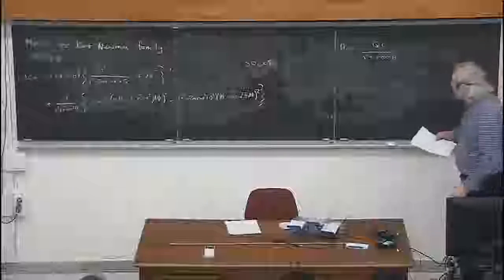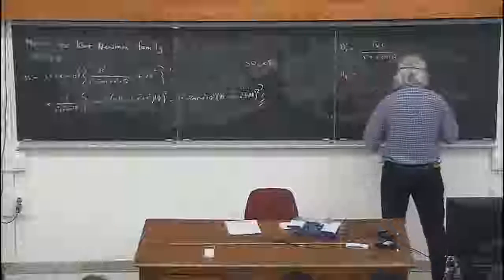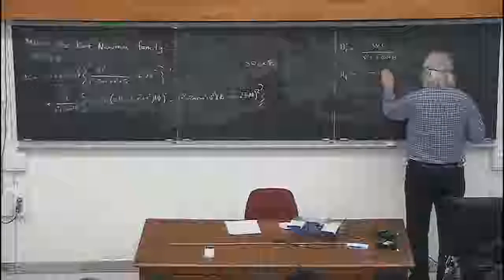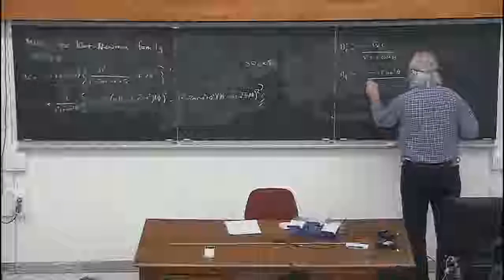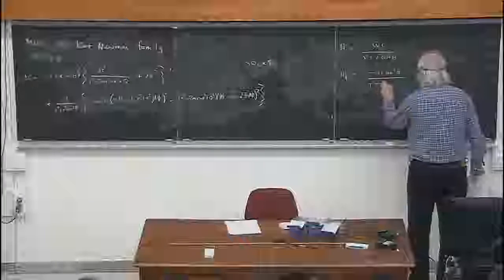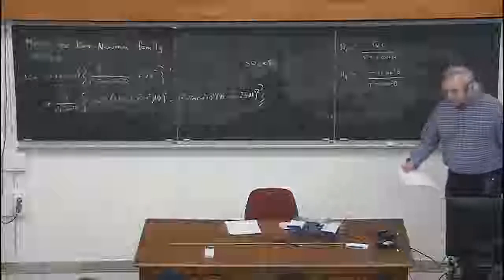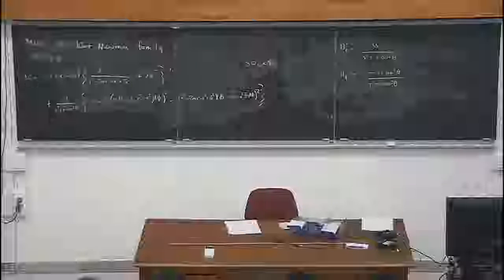But in any sensible gauge there's also an A_phi term, and this is equal to minus a r sine squared theta divided by (r squared plus a squared cos squared theta). So that's the sum total of that particular metric.